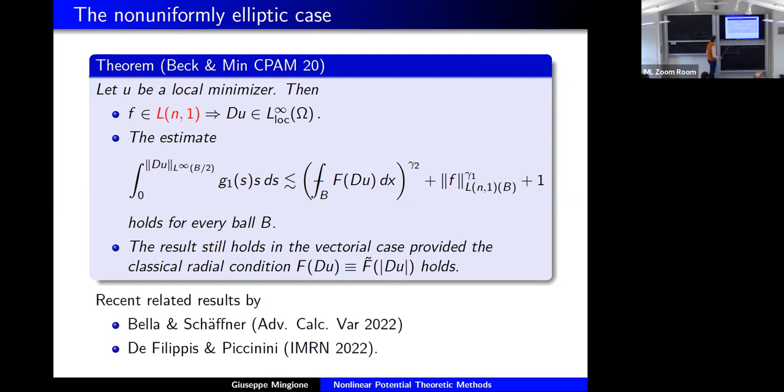And in particular, there are very interesting developments done by Bella and Schäffner recently, and by De Filippis and Piccinini. Bella and Schäffner improve certain conditions in the p-q case, and De Filippis and Piccinini go up to the boundary in a very sharp way, so they prove boundary regularity.